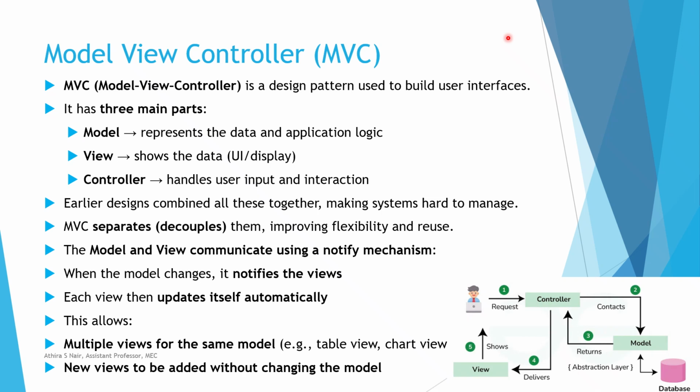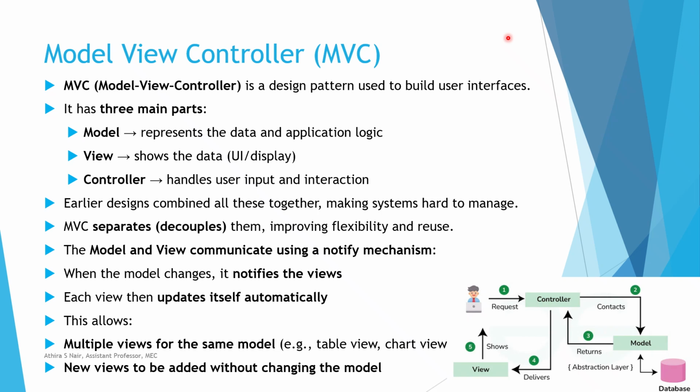A view must ensure that its appearance reflects the state of the model. So whenever the model's data changes, the model notifies views that depend on it, and in response, each view gets an opportunity to update itself.